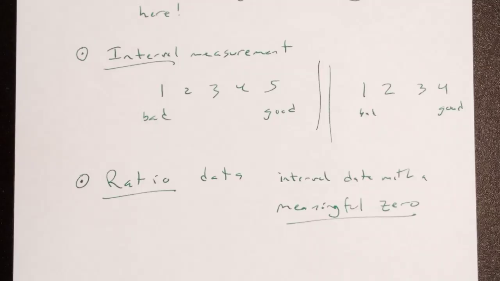The zero point: 0 Celsius is where water freezes. 0 Fahrenheit? According to my history of chemistry book, 0 Fahrenheit is the coldest temperature that Dr. Fahrenheit could get by mixing salt and water. He said, this is as cold as I can make stuff, I'm going to call that 0.